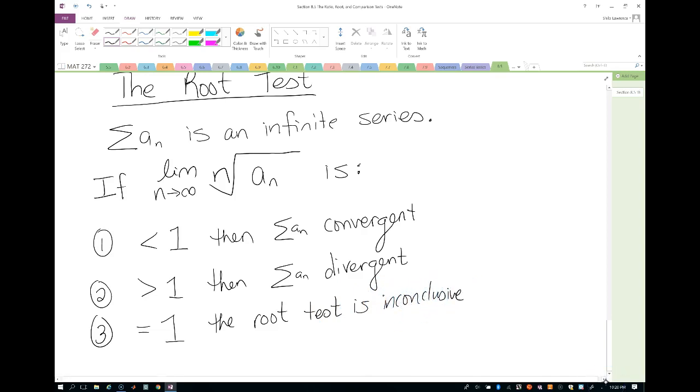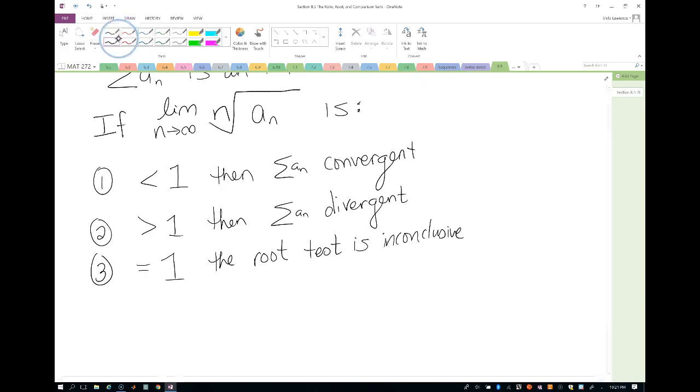So there are only certain types of series that I suggest you use the root test for. Since we're going to have to be doing this root n or nth root calculation, you really should only use the root test when your series has an nth power in it.